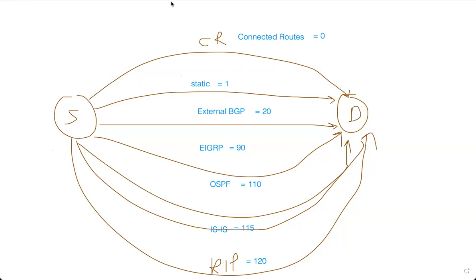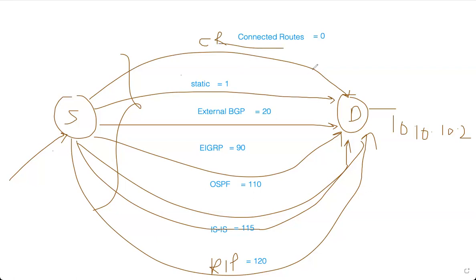So if a packet comes in and this router has a connected route to the destination, like let's say the source is trying to go to destination 10.10.10.2. So in the routing table, if there are this many routes, it can go via this route, this route, this route. It will choose whichever has the lowest AD value.